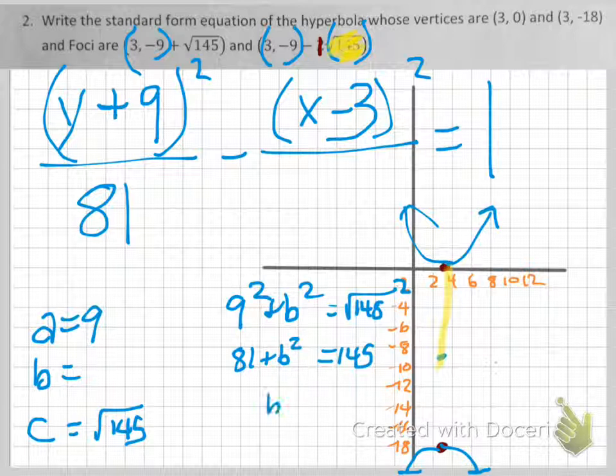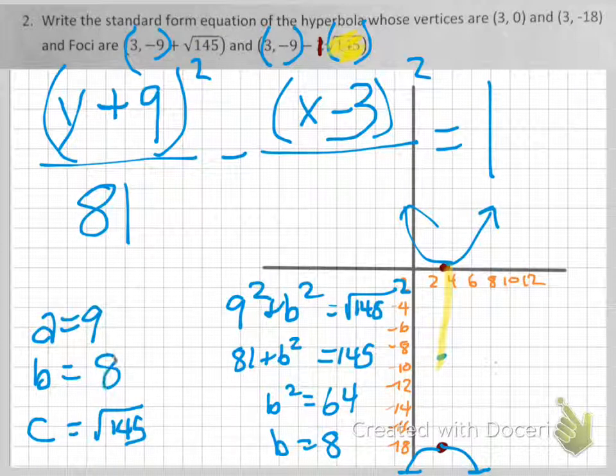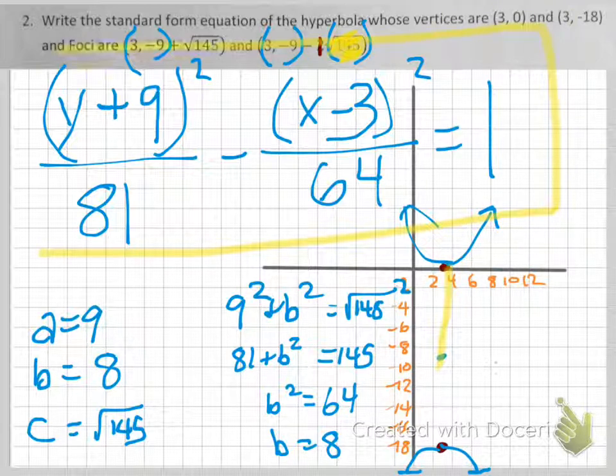Take away 81 from both sides, and we get 64. B squared is 64, then b is 8. Okay, so that gives us our a, b, and c values. We just need b squared, so we put that 64 underneath our x term, and we have our equation.